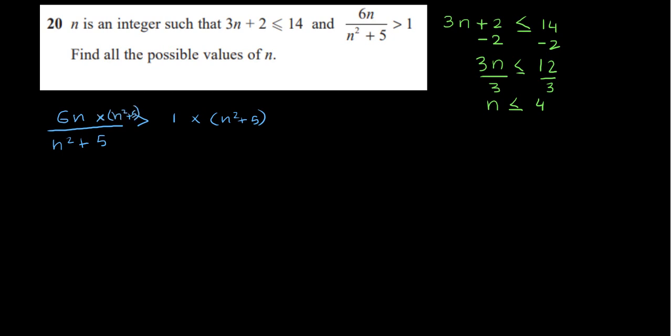So over here these two n squared plus 5s will cancel out on the left hand side, leaving you with 6n is greater than 1 times n squared plus 5, which is n squared plus 5. Then minus 6n both sides, so this would be 0 is greater than n squared plus 5 minus 6n.